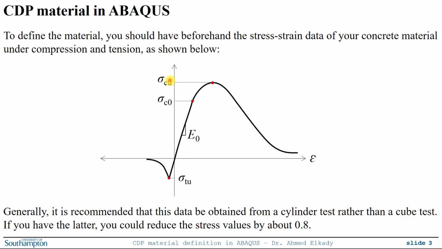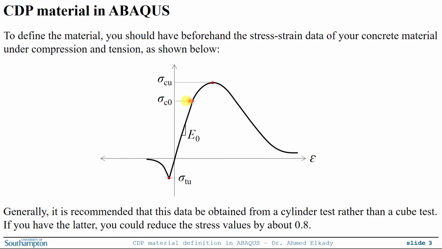And these are some of the parameters that you need to be familiar with, just for notation, similar to what ABAQUS uses. So this is the crushing strength, and this is pretty much the yielding, the compressive strength of concrete. Well, concrete is not yielding, of course, but this is the onset of plastic deformation.